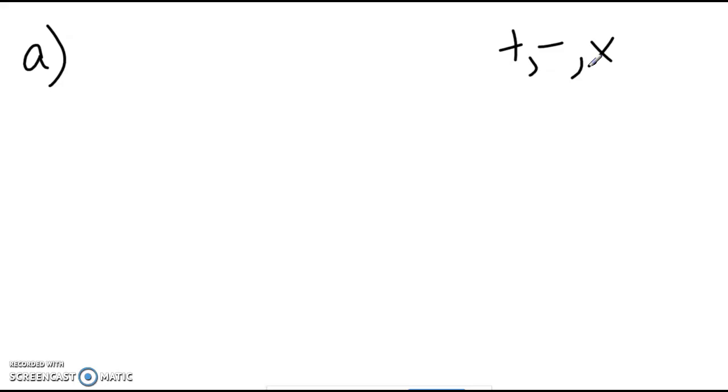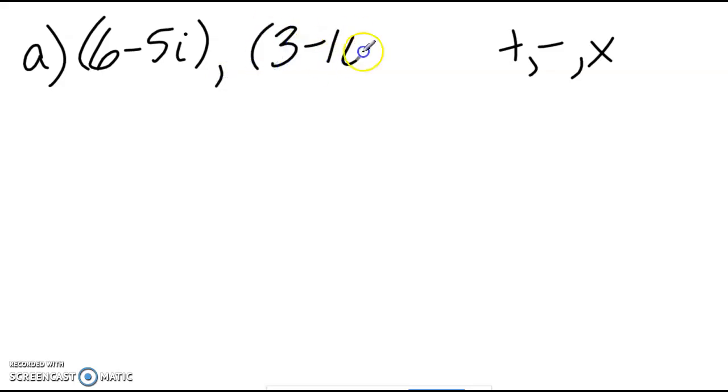So our first pair is 6 minus 5i and 3 minus 10i. So the first thing we're going to do is we're going to add. Do I need parentheses when I'm adding?